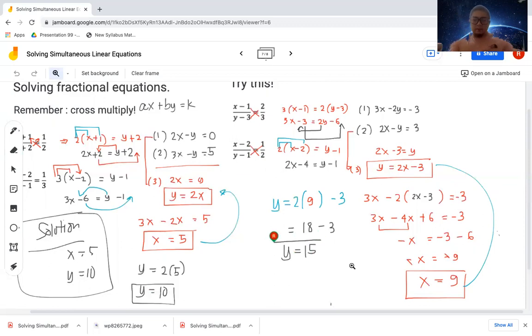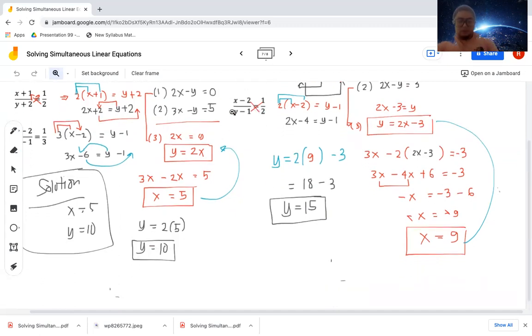Okay? So I hope you guys were able to understand that. If you are confused, or if you want to know whether your answer is correct or not, all you need to do is to substitute these values into any of those equations that you got. So let's say, for example, I will prove it using equation number 2.